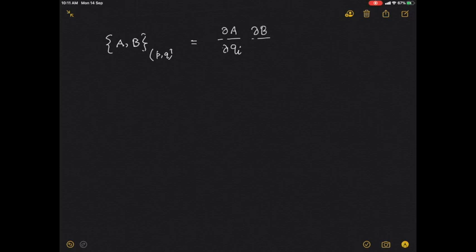Remember that this is with respect to all qi's, and I have a summation, the Einstein summation convention is assumed here. So I have a summation over i for this, and then I also have a summation over i for the other term. In the second term, I have p and q replaced. So A is taken derivative with respect to pi, and B is taken derivative with respect to qi. And obviously it doesn't matter in classical mechanics which of these two you write first and which you write second.